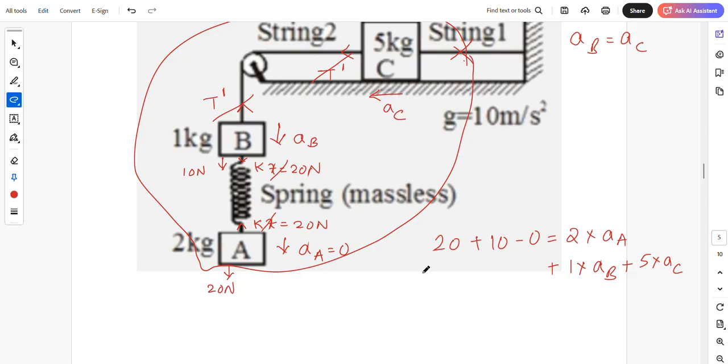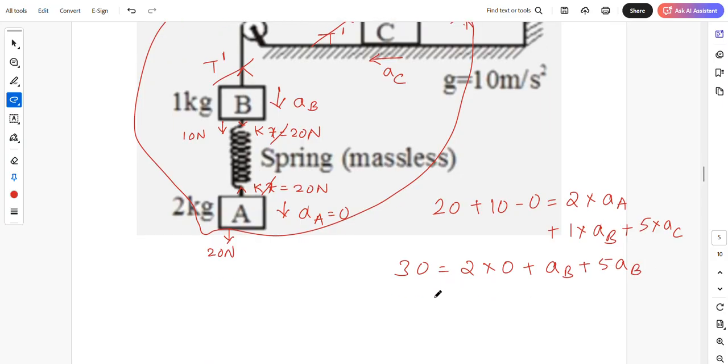Now 20 plus 10 is how much? 30 is equal to 2 into AA, which is 0, plus AB. Since AB is the same as AC, I can write 5AB.